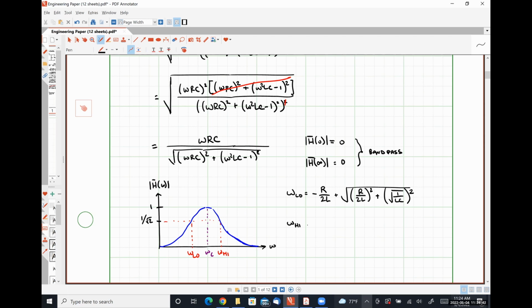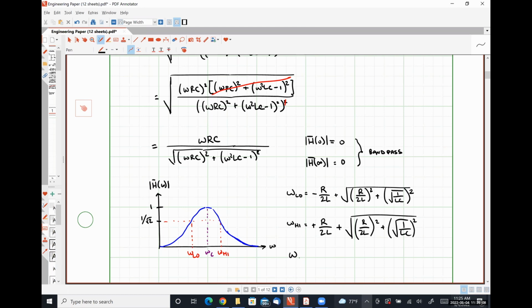Omega high is positive R over 2L plus the square root of R over 2L squared plus the square root of 1 over LC squared.